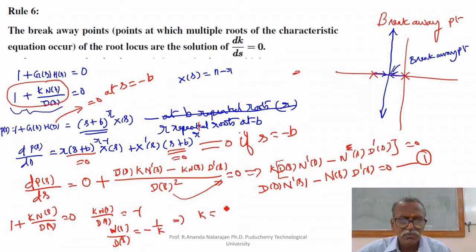Am I correct or not? K can be found. Therefore, dk by ds, what is dk by ds?